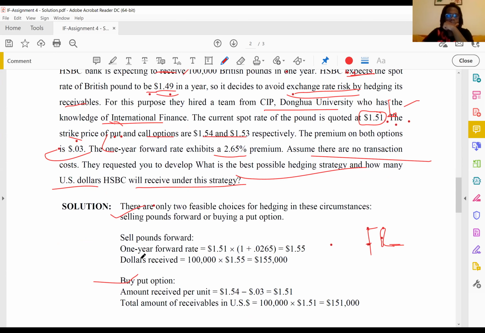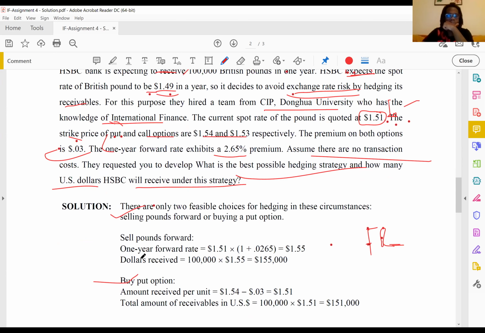But when you buy a put option, you have to pay a premium. The second strategy is through future or forward, where you sell a future. You are already receiving pounds, so at the end of the time when you receive the pounds, you will sell the pounds at expiration.